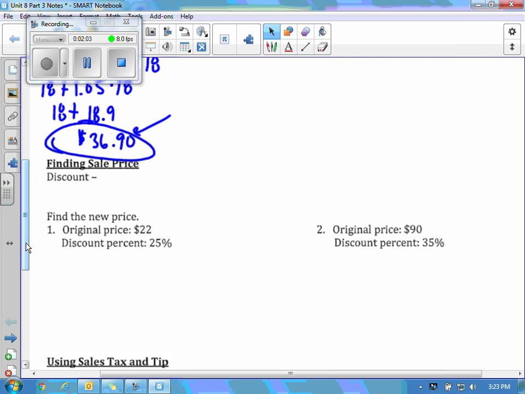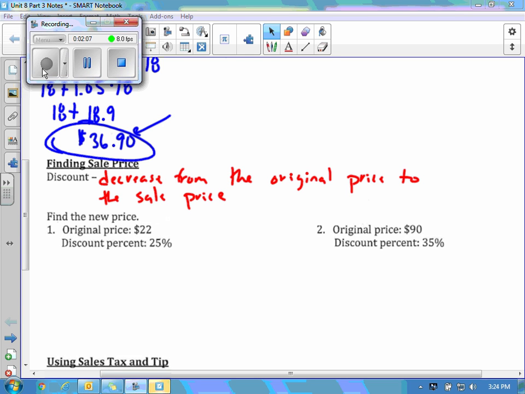The next thing we're going to talk about is a discount. A discount is basically the opposite of a markup. The discount is a decrease from the original price down to a sales price. We added for markup; for discount, we're going to subtract. My original price is $22.